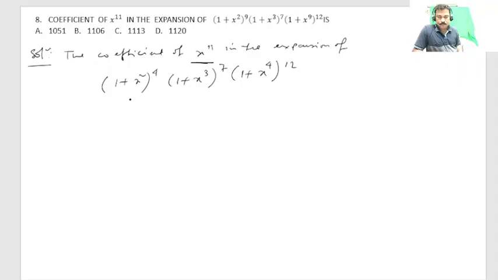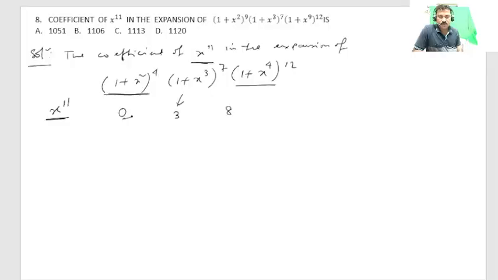Okay, here we have to find the coefficient of x to the power 11. So we get as this. If we get 2 here, that is first 0, second from 3, and third from 8.